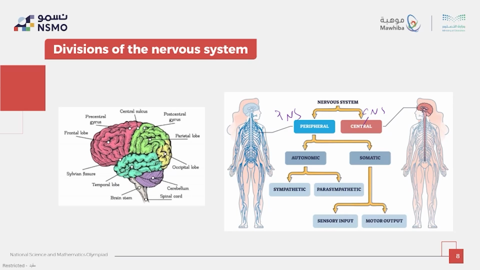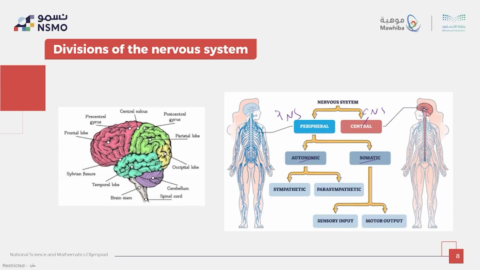The other one is PNS, the peripheral nervous system. The central nervous system is like the command center for decision making, processing information, and storing memories. There are two subdivisions that belong to the peripheral nervous system: autonomic and somatic.